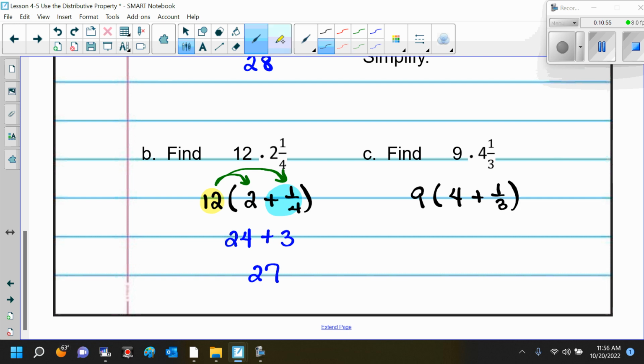Very good. So now we have the 9, and we're going to distribute that throughout the parentheses. So we're multiplying 9 times 4, which is 36, and we're multiplying 9 times a positive 1/3, which is positive 3. So that's going to give us 39.